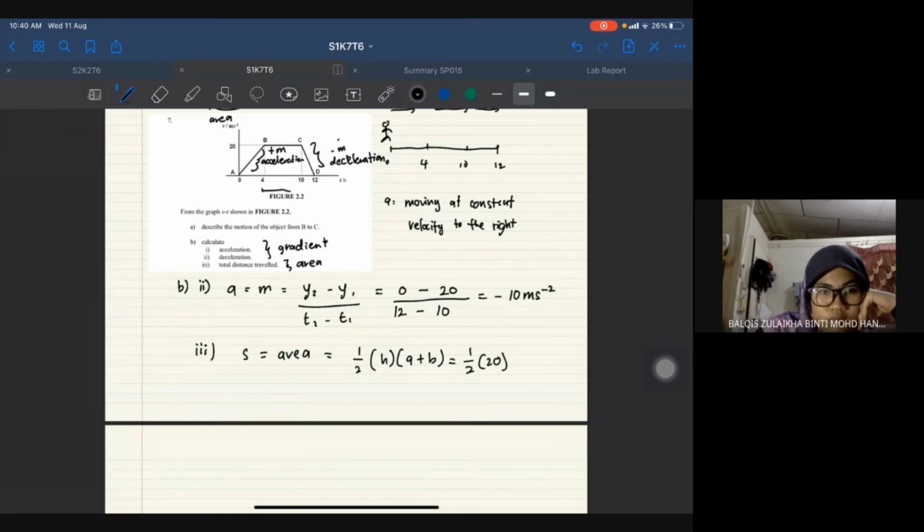Be careful, this is 6, 10 minus 4, and that one is 12. So A is at the top, B is at the bottom, for example. So it will be 6 plus 12. So that will be 9 multiplied by 10, you get 180 meter. So is that correct? Correct. Okay. Good.